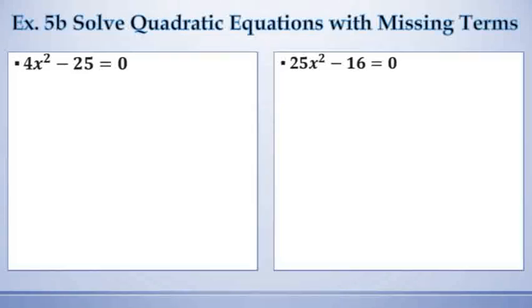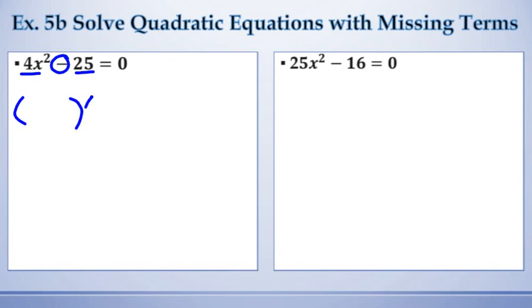So 4x squared minus 25 equals 0. Since it's already equal to 0, I can now look at what I have in common with 4x squared and 25. There is no common factor, but I do know that 4x squared is a perfect square and 25 is a perfect square. And since I'm subtracting the two, it's a difference of two squares.